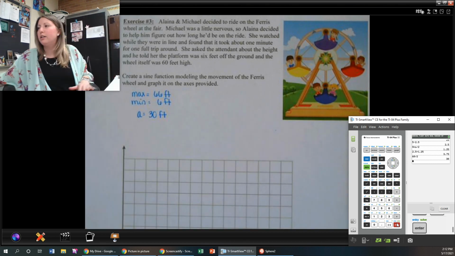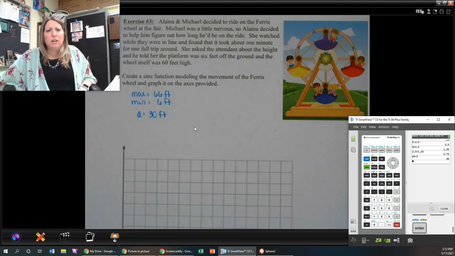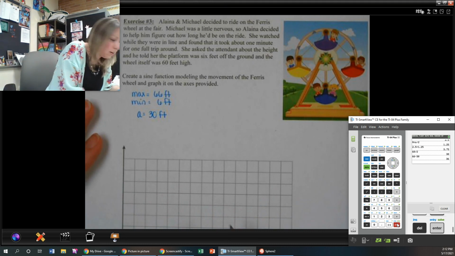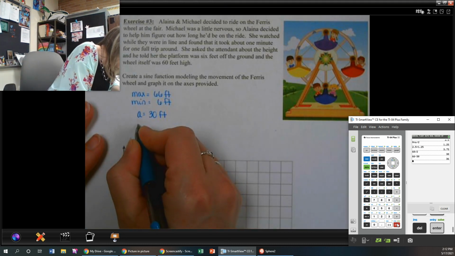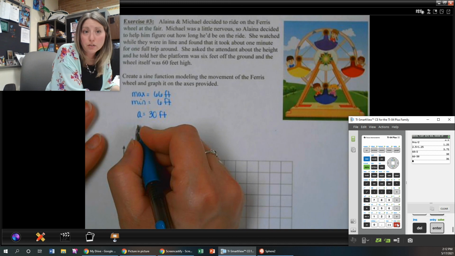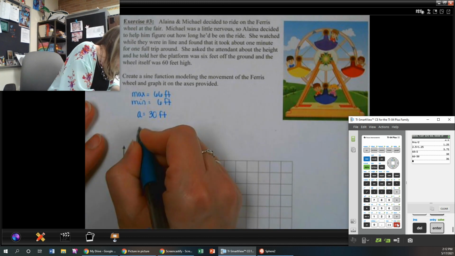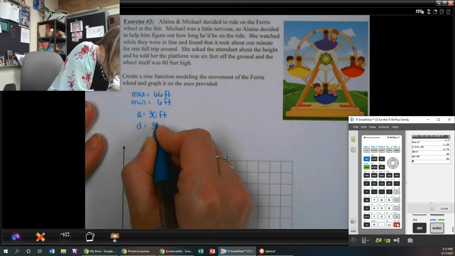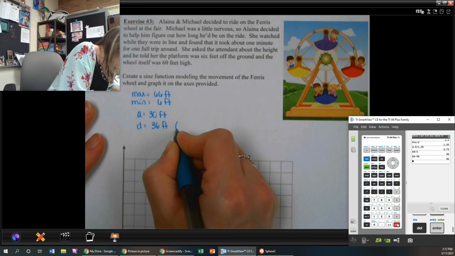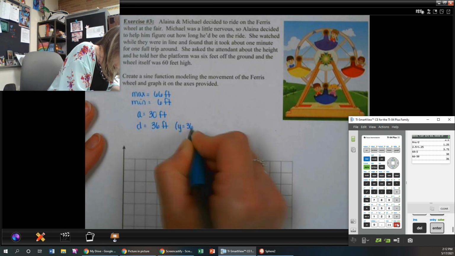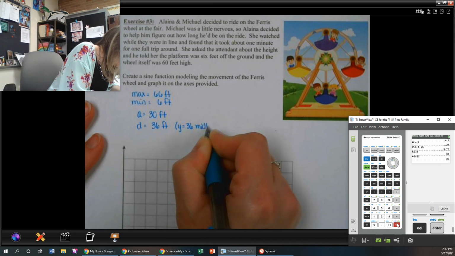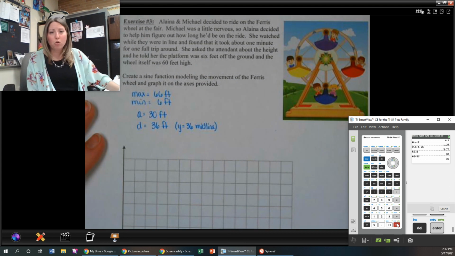And 66 minus the 30 feet gets me at 36 feet for my midline, right? So 6 feet plus 30 feet gets me at 36 for my midline. So my D value is 36 feet. So y equals 36 is the midline. So that's pretty cool. We got that going on.